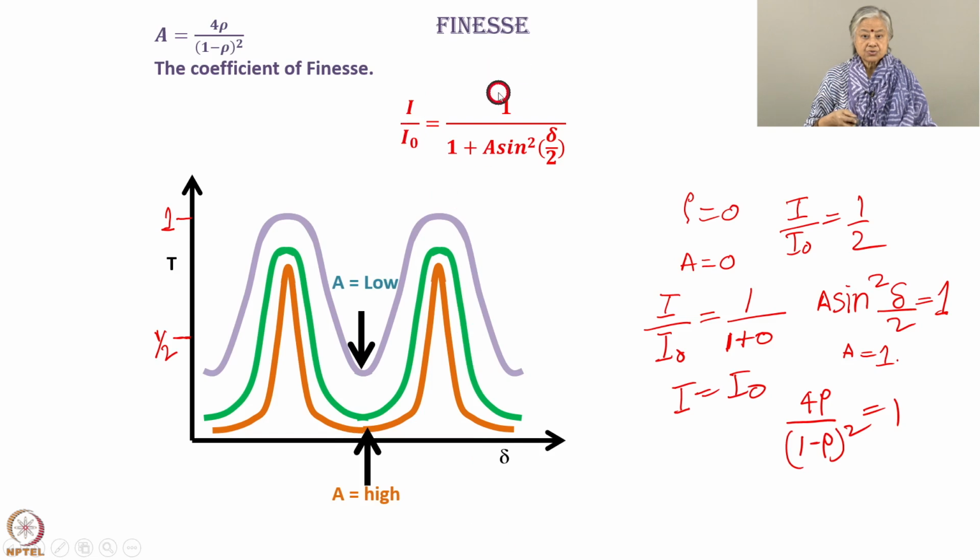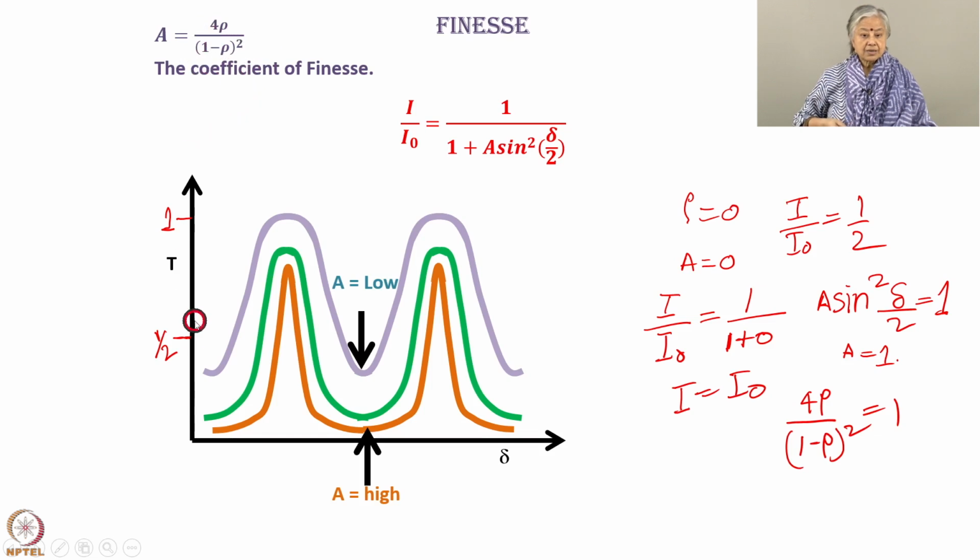I upon I0 is equal to 1 upon 1 plus A sine squared delta by 2, where delta is of course the phase between all those rays that are coming out, and it is an infinite number of rays that we had assumed, and A is called the finesse or the coefficient of finesse, which depends completely on the reflectivity of the two surfaces of the Fabry Perot.